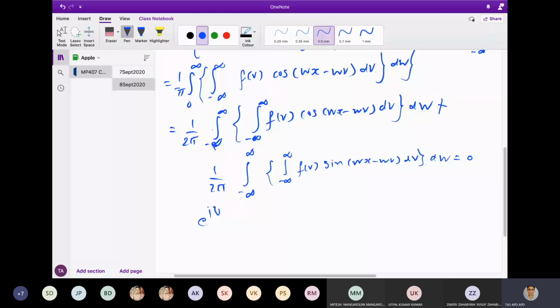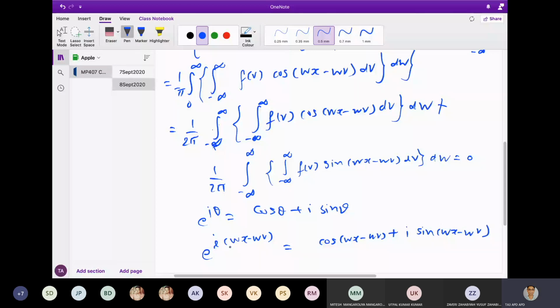If I write this expression for e to the power i into wx minus wv, that is going to be equal to cos of wx minus wv plus i sine of wx minus wv.